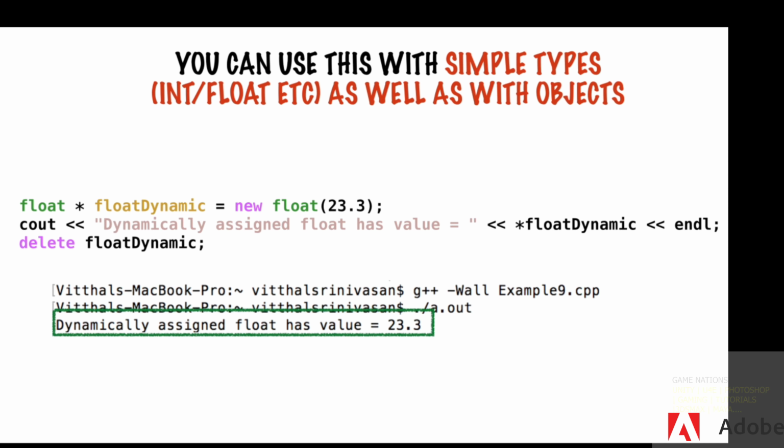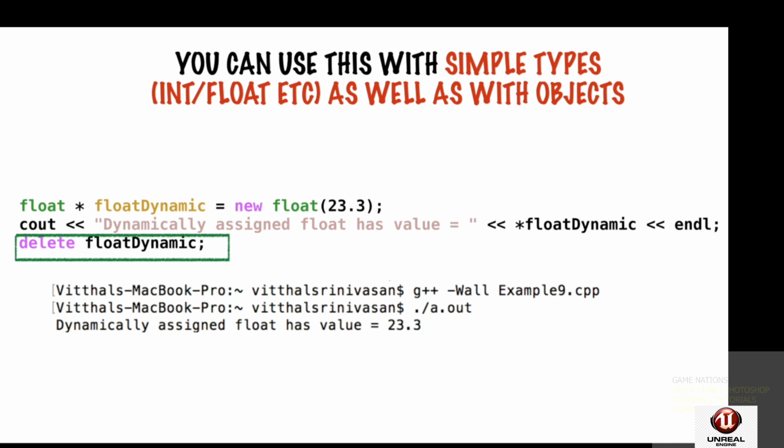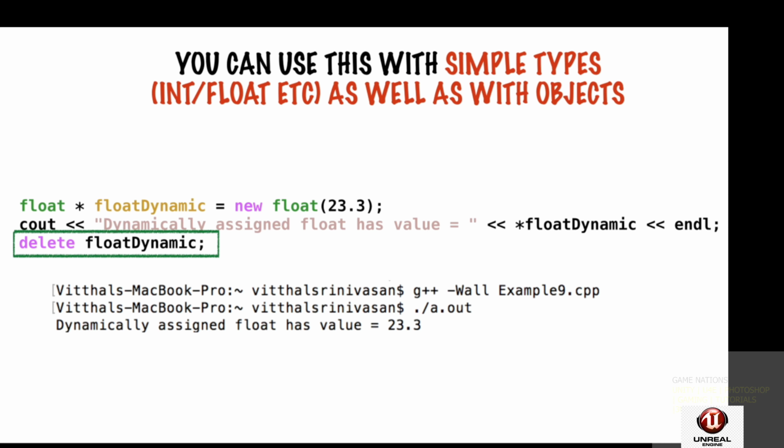After we've created the float and printed its value to screen, we then delete the float dynamic variable. Note that because we used new without square brackets, we use delete without square brackets in order to call the float's destructor and to deallocate the memory associated with it.